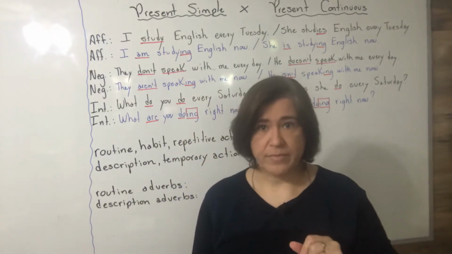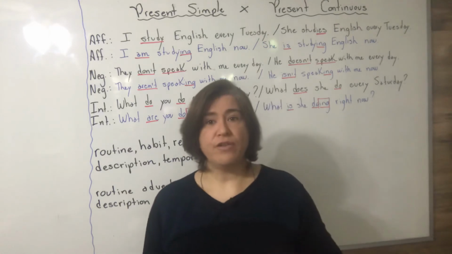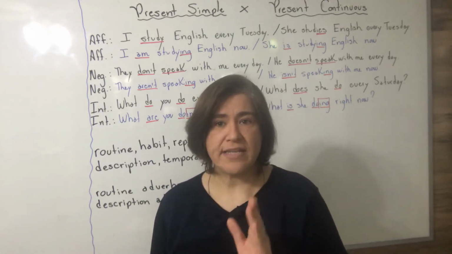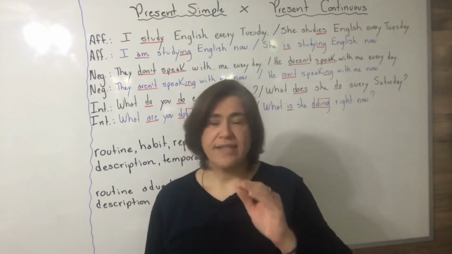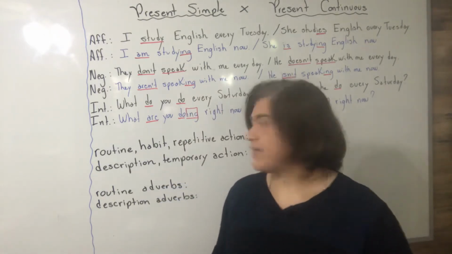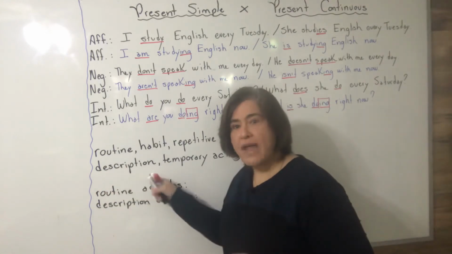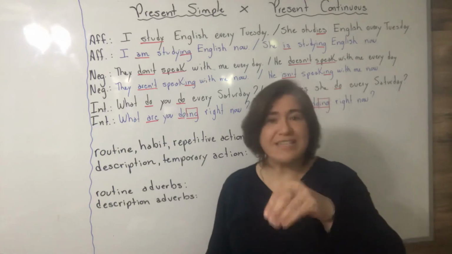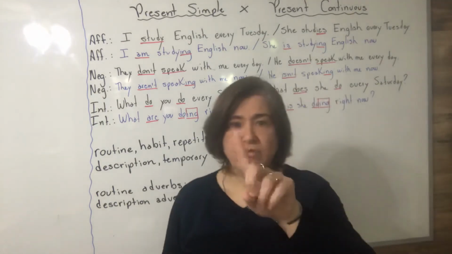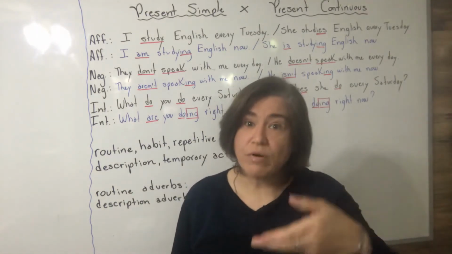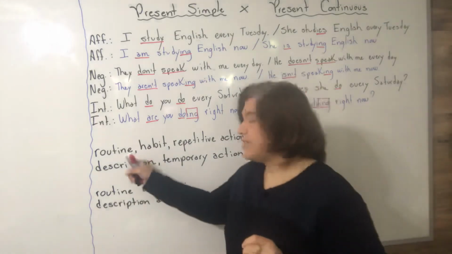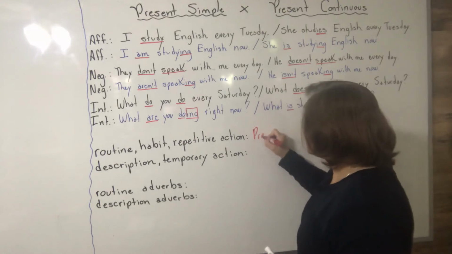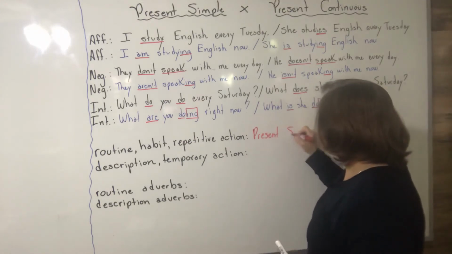It's the routine. But if you speak to an American, I am studying English now, the Americans understand you are describing a temporary action. You are describing this moment. They don't understand you have a routine, because routine we use the present simple.